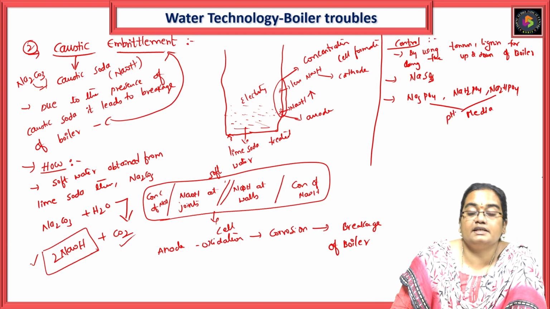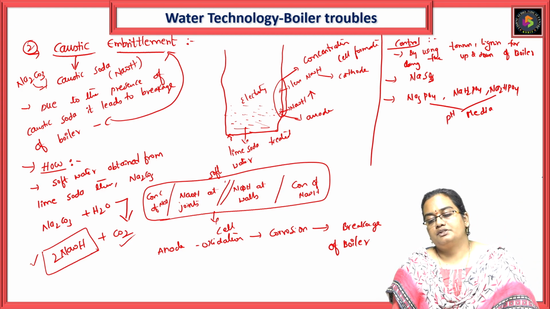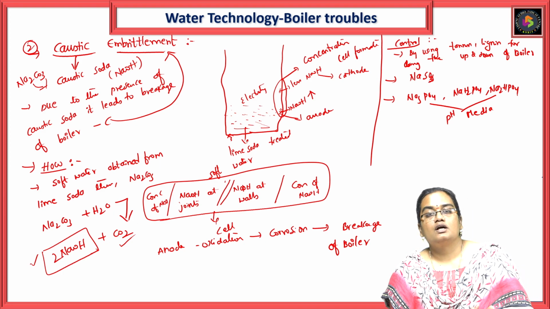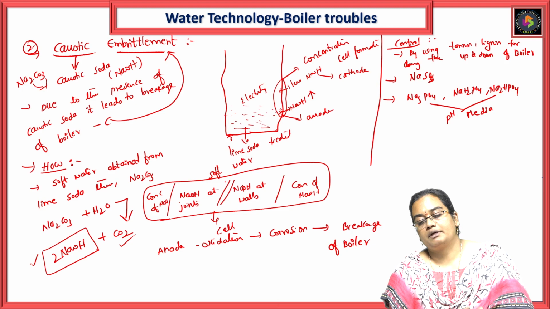Whether it is acidic, basic or alkaline nature, we can prevent this problem. So these are the few techniques to control the caustic embrittlement problem.